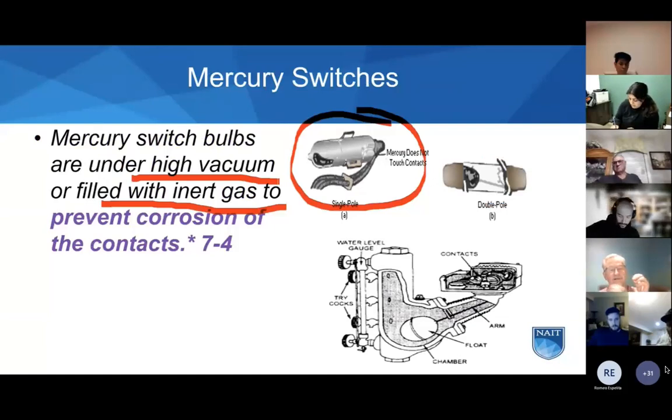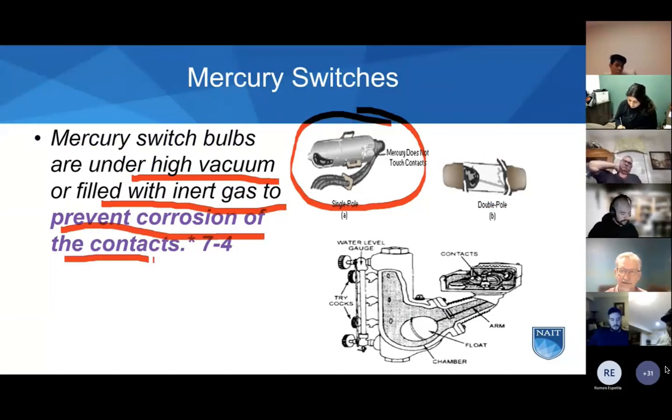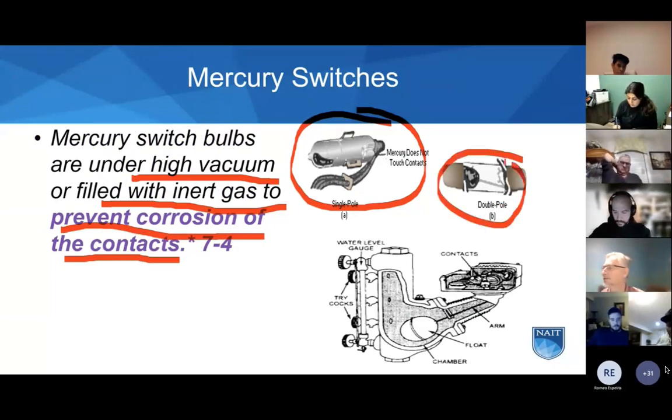They heat the thing up when they melt it to close the ends, and this little charge will literally burn up the air inside, and then that creates a vacuum, and then those contacts are less likely to corrode from the action of especially oxygen inside the glass bubble.